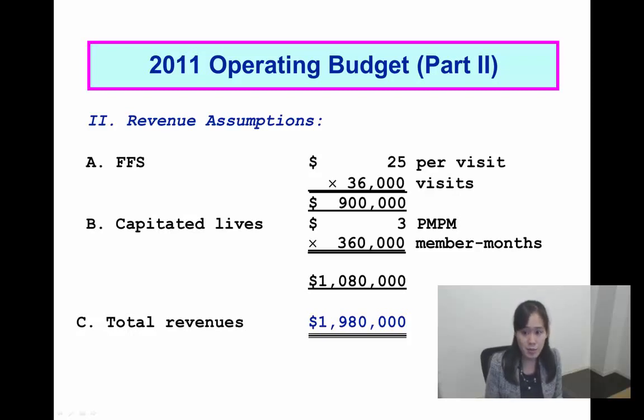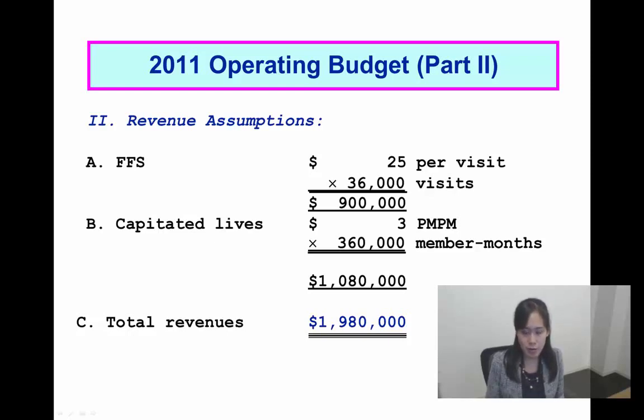Now, capitated patients will be paying Carroll Clinic based on the number of member months and not based on the number of visits. As a result, we have to figure out how much revenue is coming from capitated lives differently than how we figured out the revenue from fee-for-service visits. Carroll Clinic expects to charge members $3 per month to be covered.